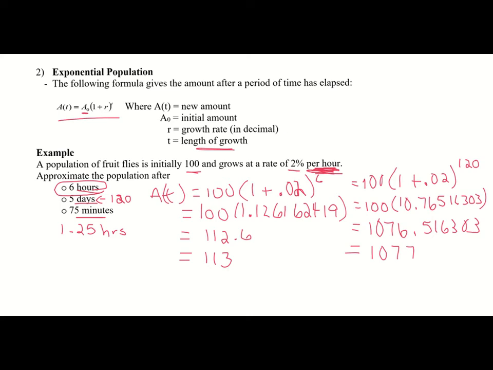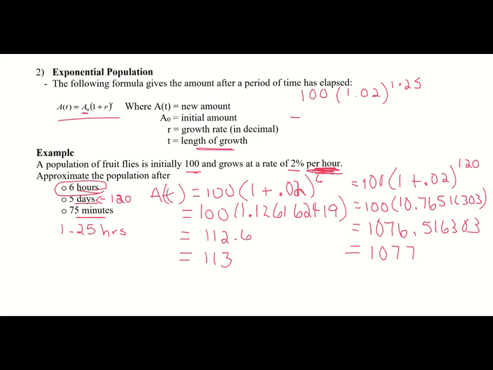And then after 75 minutes, or 1.25 hours, we would do 100 times 1.02, which is the 1 plus the rate, raised to the 1.25 power.